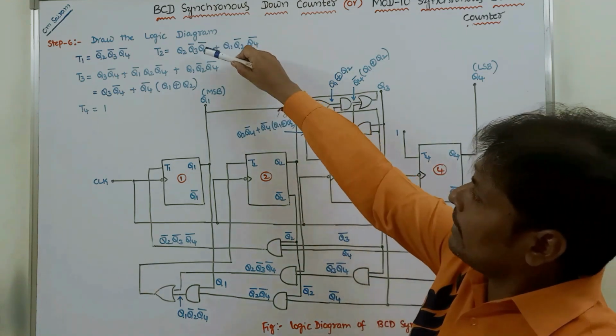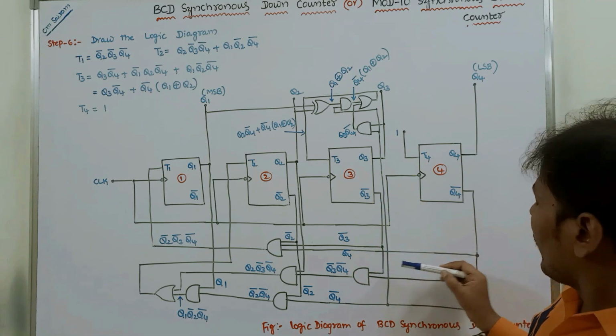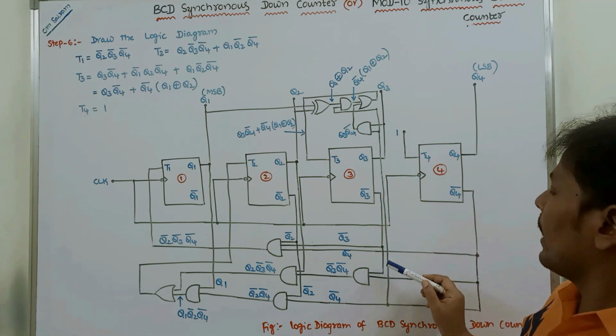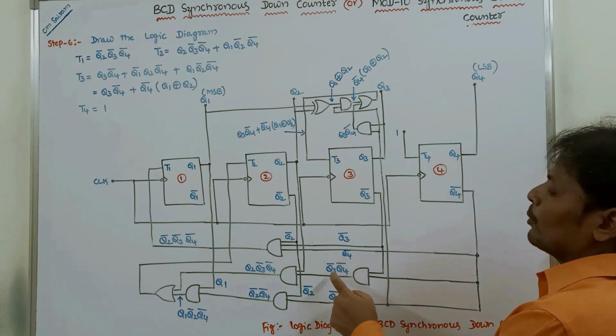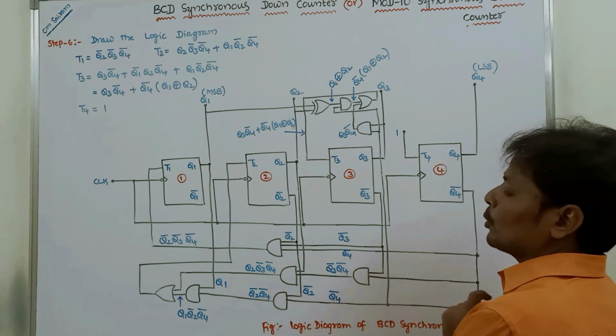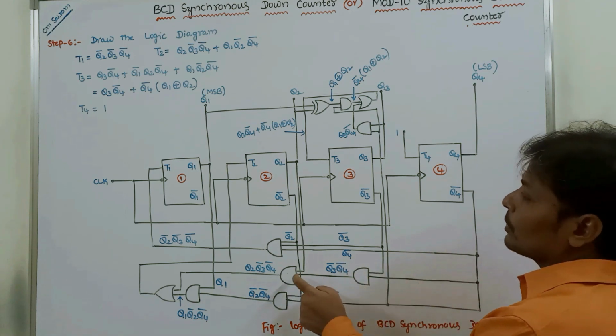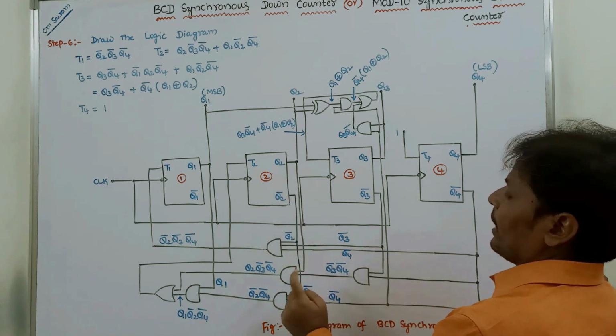Next, here this is the Q3 bar line and this is the Q4 bar line, which can be applied to a two input AND gate. We are getting Q3 bar and Q4 bar. This output can be sent to a two input AND gate as one input, and the other input I am taking is Q2.